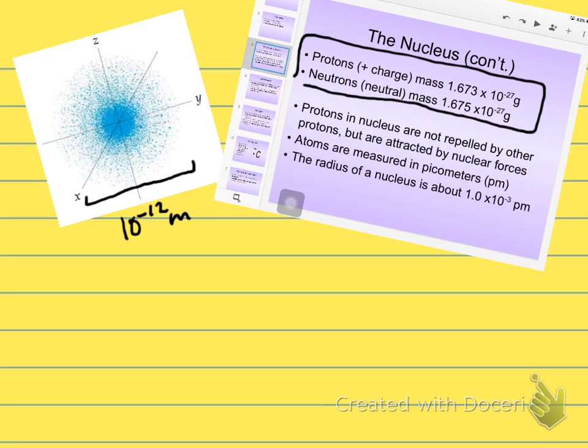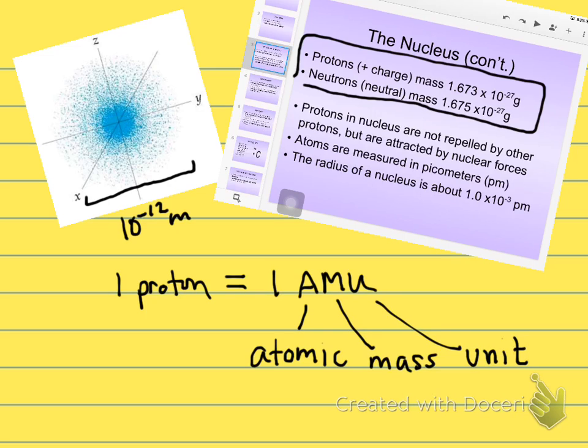So we generalize this a little bit, and we say that one proton has a mass of 1 AMU. Can you guess what an AMU stands for? Remember, particle physicists and chemists are really creative folks. An AMU is an atomic mass unit.